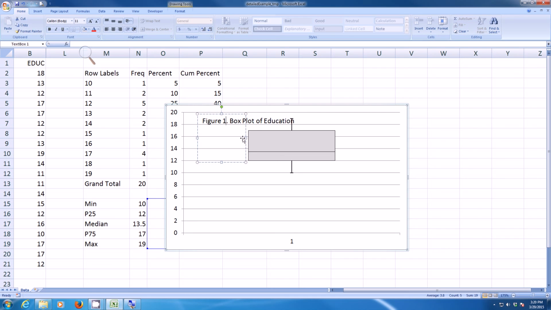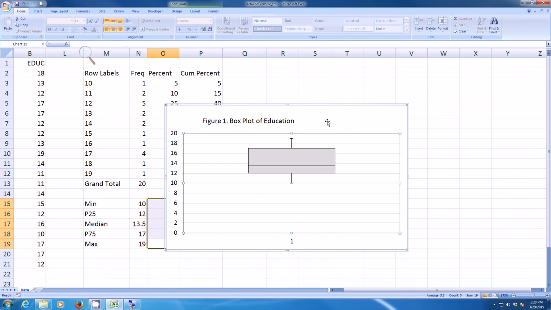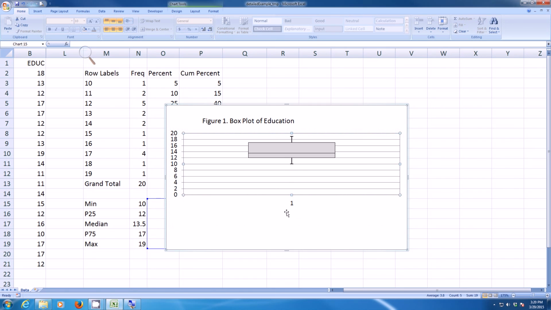We can resize our title a little bit. We can resize our chart area to make it a little bit smaller. We can delete the, whoops, don't want to do that. We can make this a little bit higher, maybe a little too high.